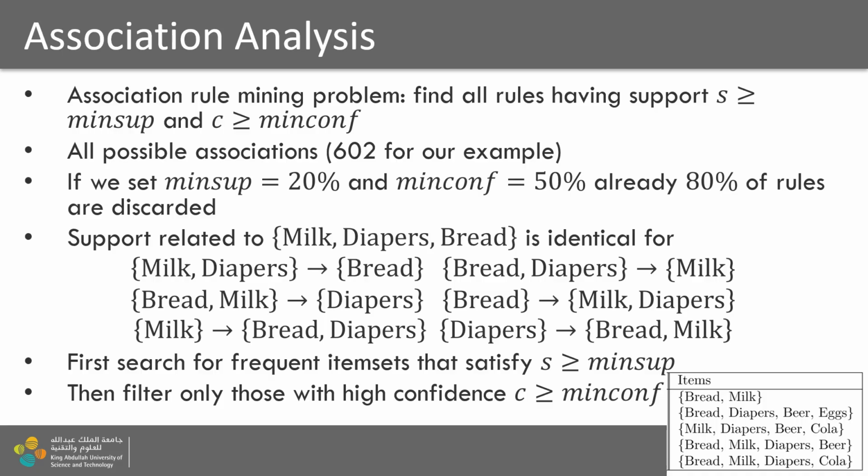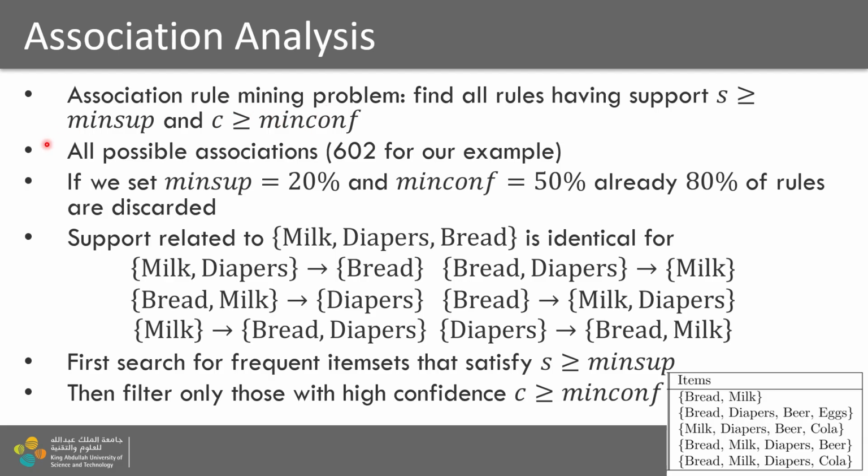We can formulate an association rule mining problem as a problem to find all rules having support bigger than some minimum support threshold, and at the same time confidence which exceeds the minimum confidence threshold. Because there are many associations we can make from such a transaction record, but we only want to have the significant ones.